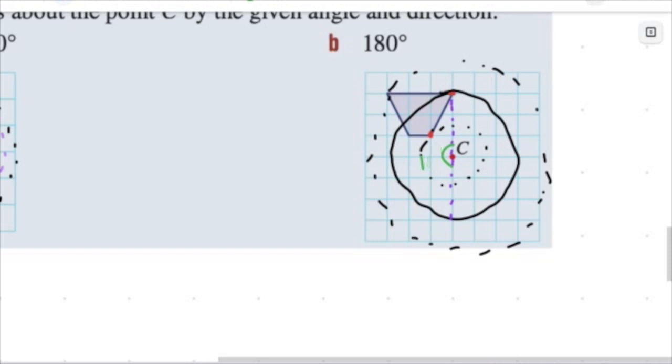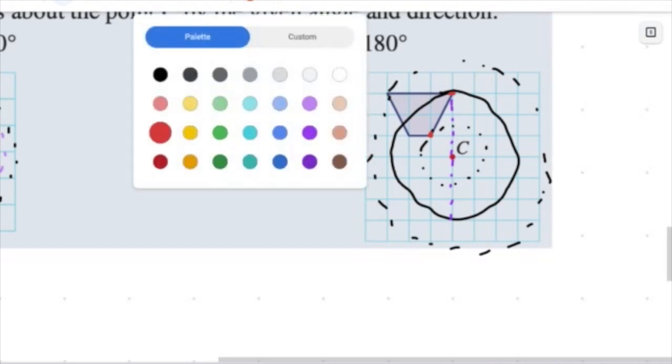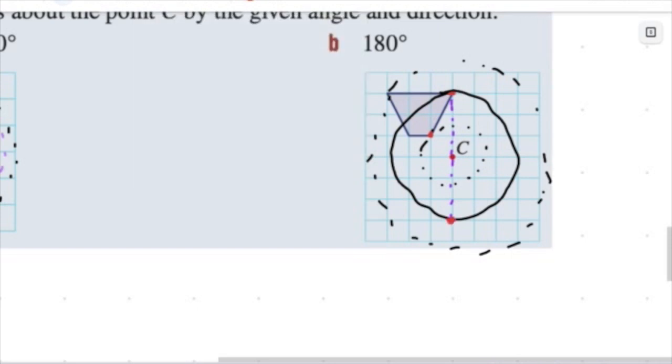So this red dot up the top, if I trace it down a whole 180 degrees, it's going to go from up here all the way along 180 down to here. And you can see no matter which direction I go, clockwise or counterclockwise, 180 degrees is just the angle on a straight line. So I can think of drawing this straight line, and my point ends up down here. This particular one goes from the top down to the bottom.